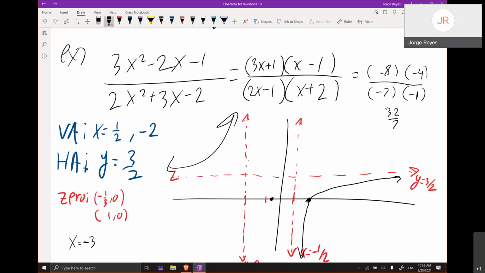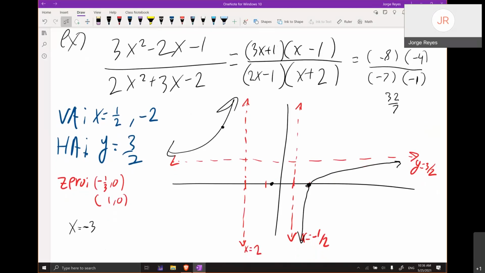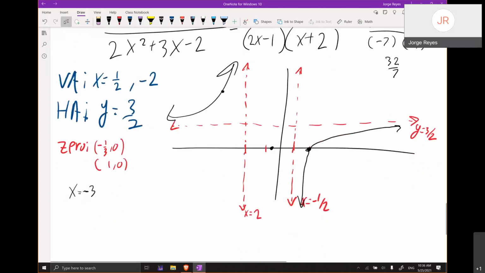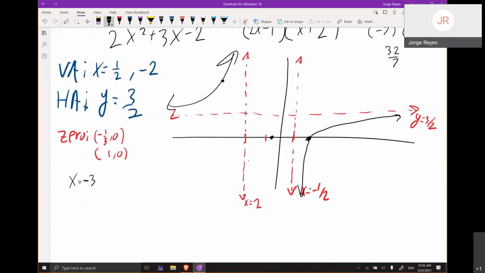Now for the middle part, I'm going to actually do the end behavior thing. What I mean is I'm gonna need to figure out what's happening as x gets closer to -2 from the right.